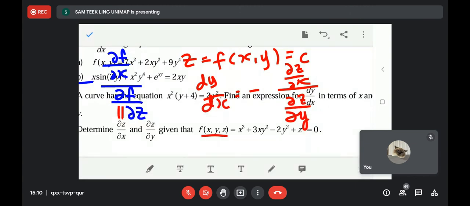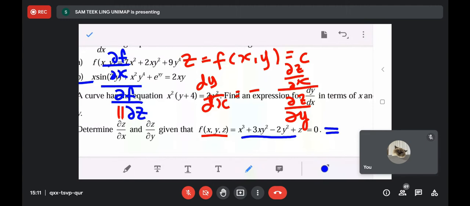Okay, now this one I do not make this equation equal f, because I'm scared I'll get confused. If I let this equal m, it's also okay. Just like this one, you let f(x,y) equal z.